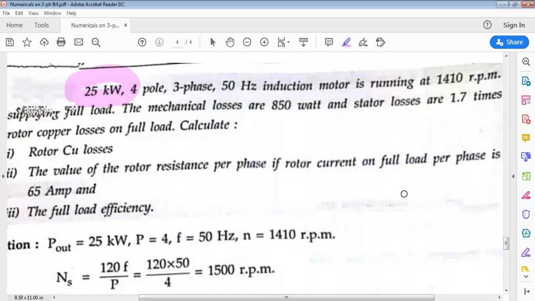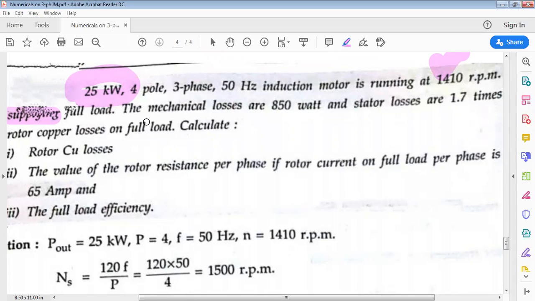If you see the nameplate of the motor, it is the output power, means this is the maximum power it delivers to the load. 4 pole 3 phase is running at 1410 rpm, supplying full load, means a full load speed is given to you.